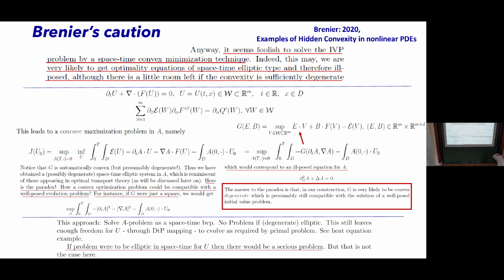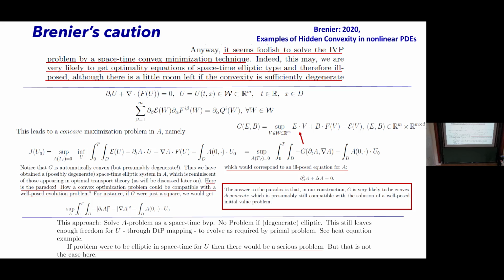I think this also has to do with the fact that the least action principle which Brenier worked on is really a final value problem. So you're giving an initial value, giving a final value, and you're saying, find me minimizing geodesics. That's different from the initial value problem. Okay, good enough. So he says that.